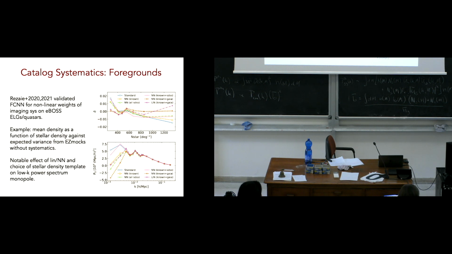We can just count stars. But no, between using SDSS stars or Gaia stars, there's actually this enormous difference in the power spectrum estimate at low k. So for doing, say, inflation science, this is really important.